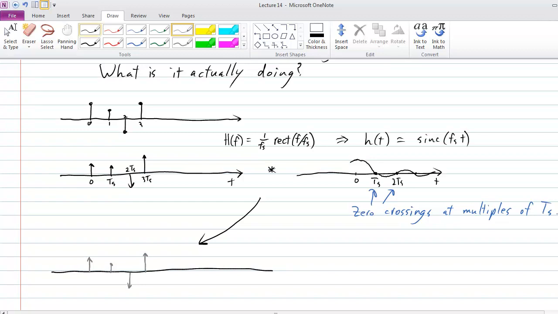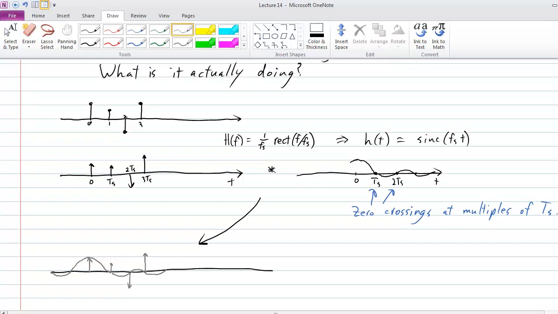And what we do now is we end up with a sinc like this, which crosses 0 at every other sample point. Okay, so that is the contribution of the convolution. The convolution then will be the sum of the convolution of each of these deltas.